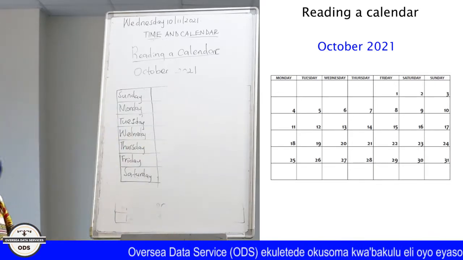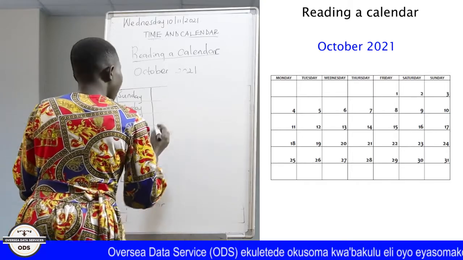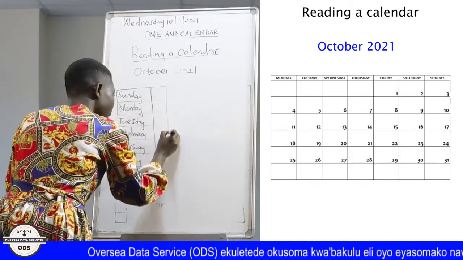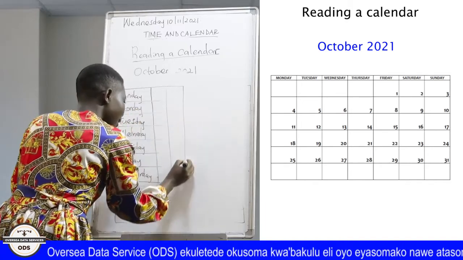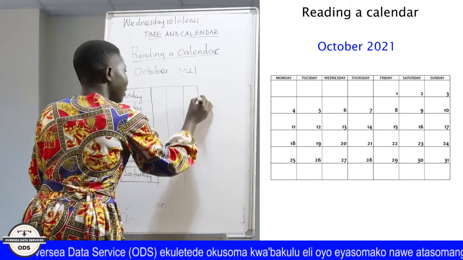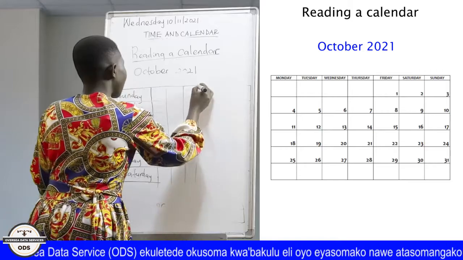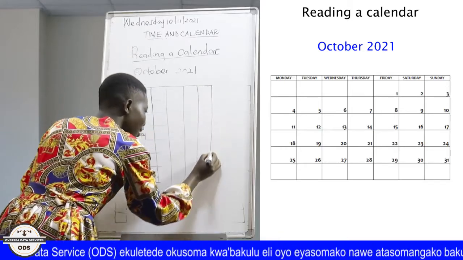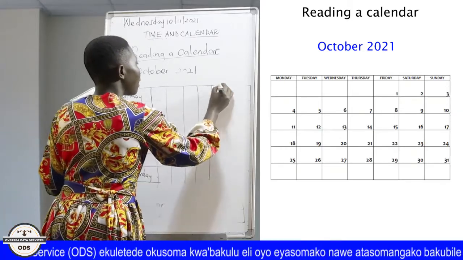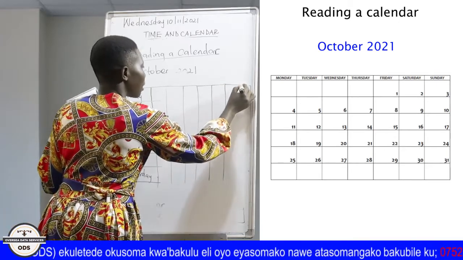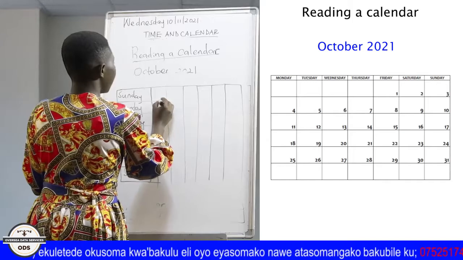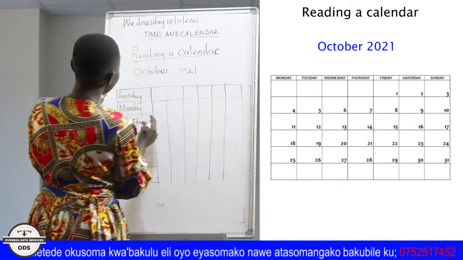Okay, we are drawing our calendar here. It looks like this. We have days of the week and the dates. The days of the week are here.